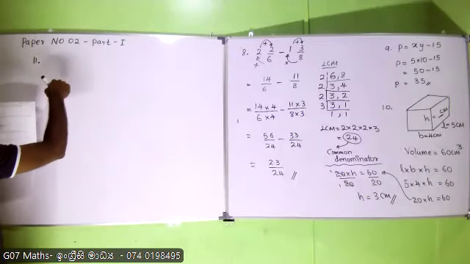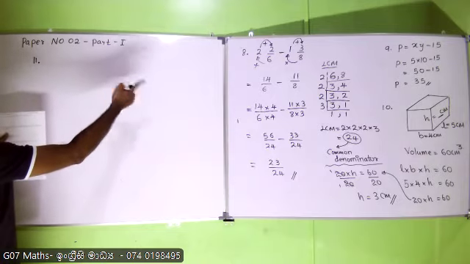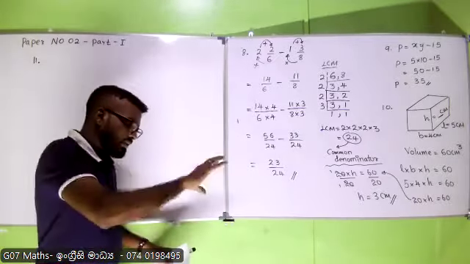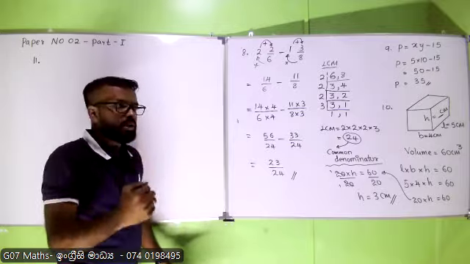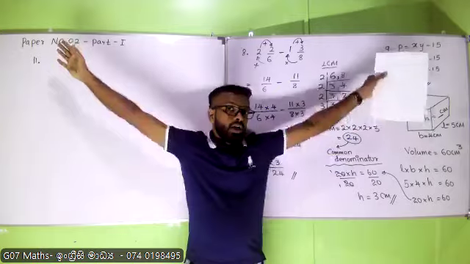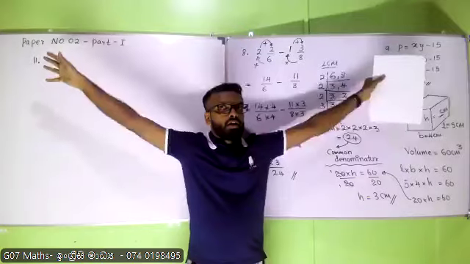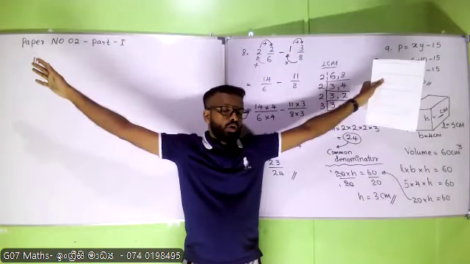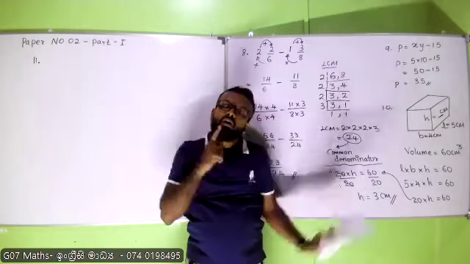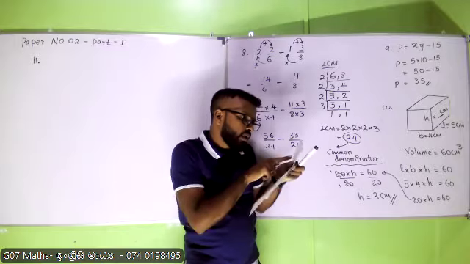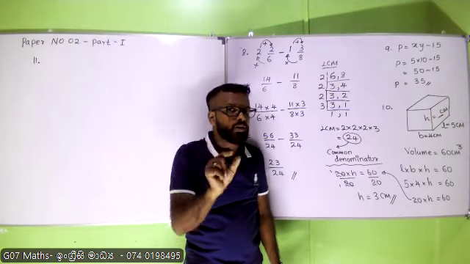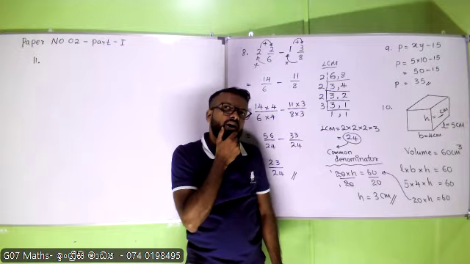In a scale diagram, 8 meters is represented by 2 centimeters. 8 meters is a very big length, it should be the actual length. 8 meters is represented by 2 centimeters, which is a small length.